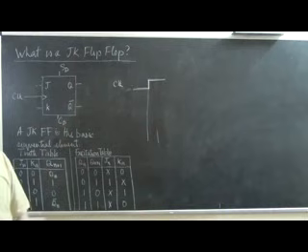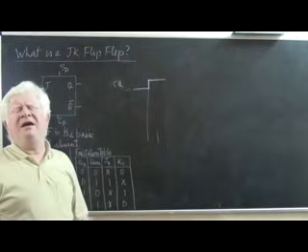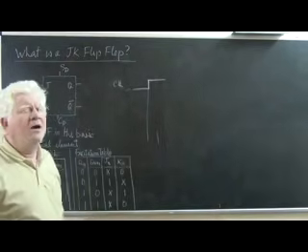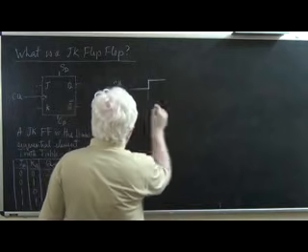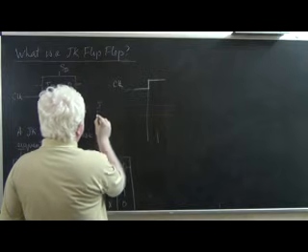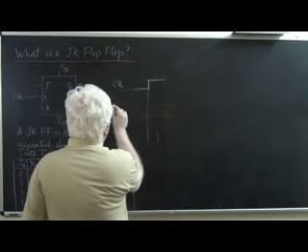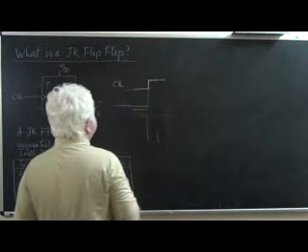Now let us say that before this edge, J and K are 0 and 1. Let's say this is J and this is K, and let's say J was 0 and K was 1.